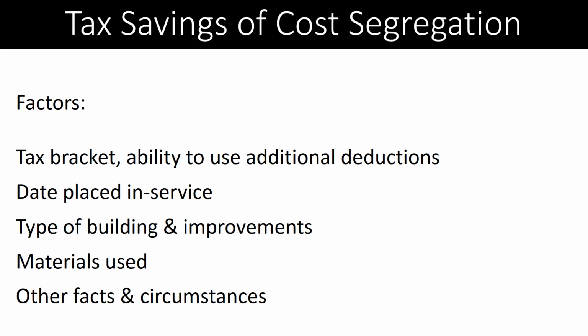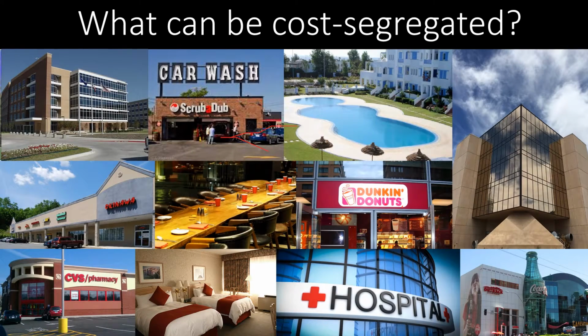A number of other circumstances can affect the outcome, including whether the property was part of a tax-deferred exchange and whether any of the tenants in rented or leased building spaces happen to be tax-exempt clients. These complexities can be addressed through consultation with your tax advisor and your cost segregation specialist in order to determine whether cost segregation is an appropriate tax strategy.